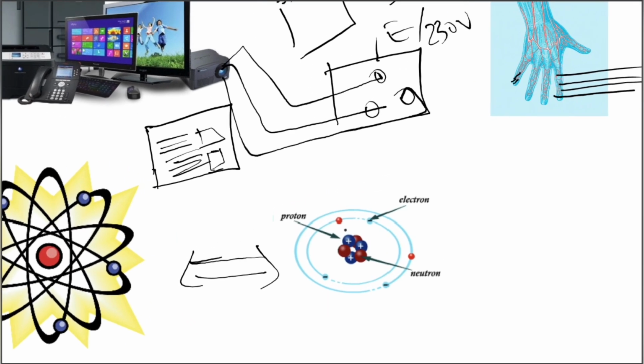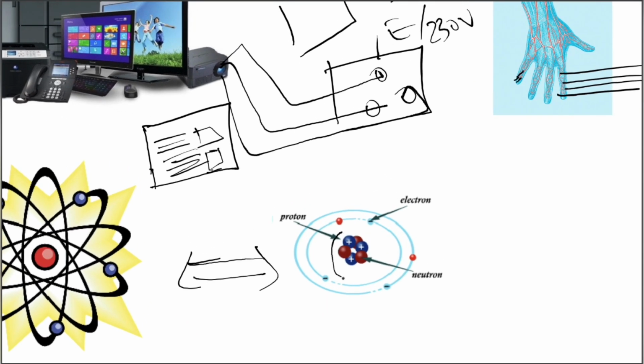In the atom, at the center, you're going to have something called the nucleus, where the protons and neutrons are seen. And very far from the nucleus, in these shells, that's where the electrons are seen, moving around the nucleus.